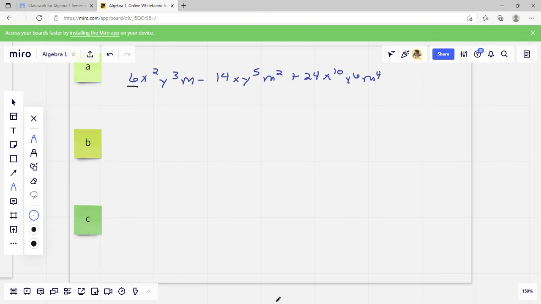We've got 6, 14, and 24. So I would say that 2 is going to go into all those. And then our lowest exponent on our x would be this one right here, so it would just be 1x. And then our y's, the lowest y would be 3. And our m, the lowest one would be 1.